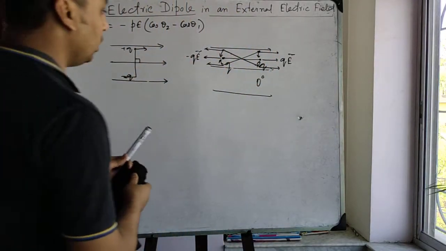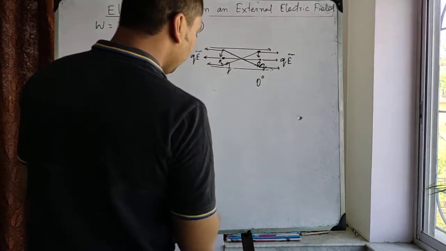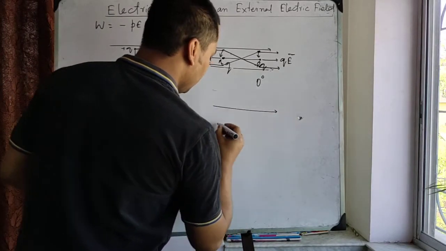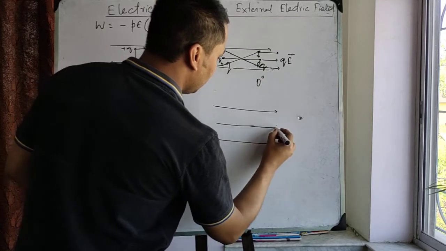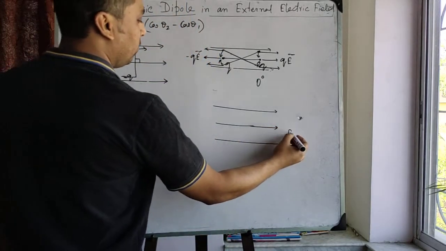Now the unstable equilibrium position. So these are the field lines.